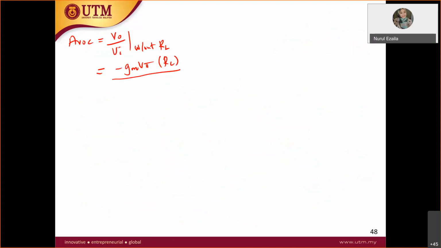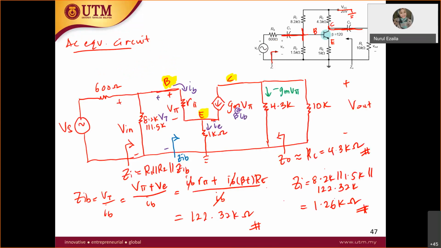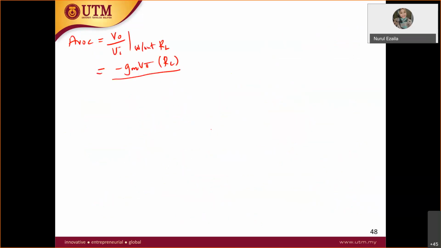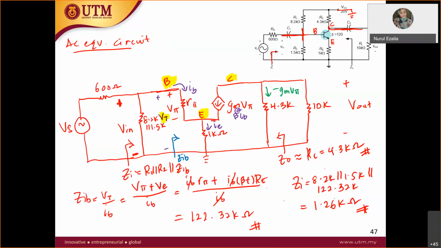Vin here is from this node to the ground, so it is equal to the VT over here, which is V pi plus VE. So V pi plus VE is equal to this portion, everything.